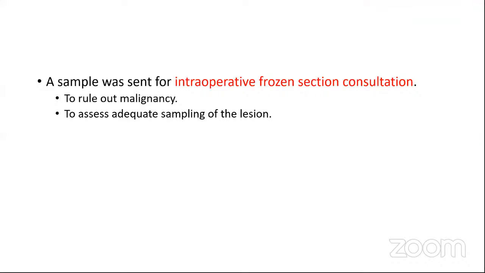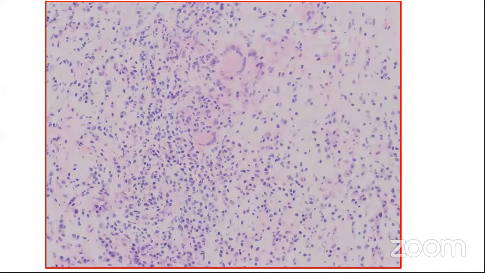A sample was sent for intraoperative frozen section consultation to rule out malignancy and to assess adequate sampling of the lesion. This picture shows a slide from frozen sections that was submitted from this patient.